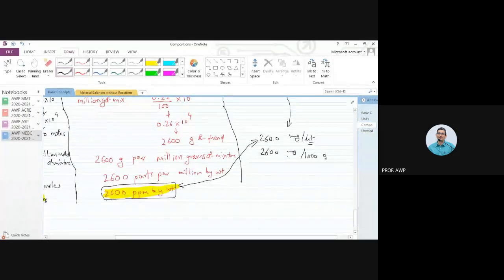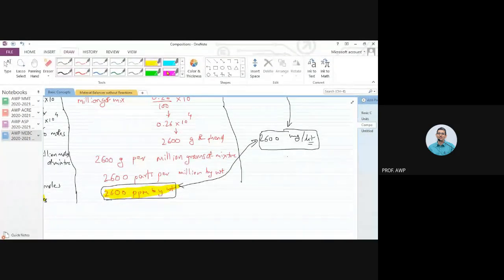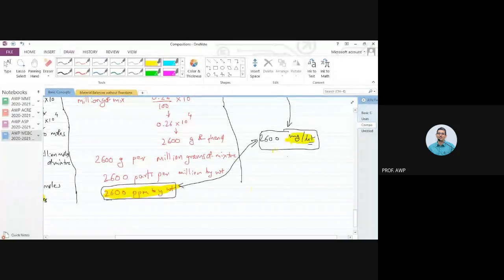ppm by weight and milligrams per liter, they are the same, they are identical, because the density is 1 gram per ml or 1000 kgs per meter cube. It is basically water.